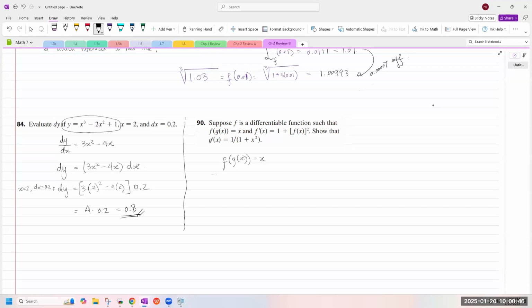Let's do implicit differentiation with respect to x. The right hand side, the derivative of x with respect to x, is 1. The left hand side we need the chain rule, huh? So this is f prime of g(x) times g prime of x. Is it right?